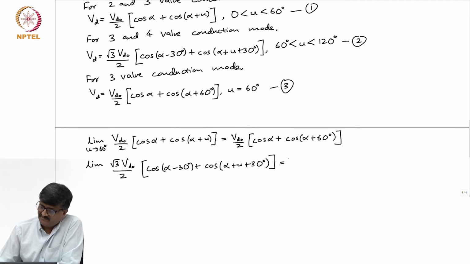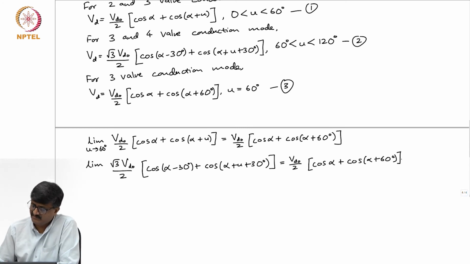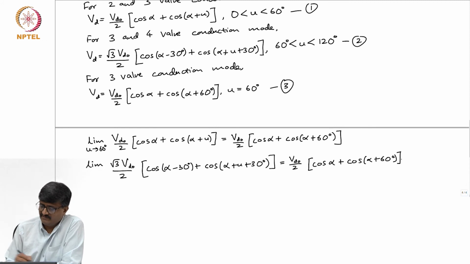So this can be shown to be equal to Vdo by 2 cos alpha plus cos alpha plus 60 degrees. It is not as obvious as the previous case, but it's not difficult to derive. So I'll leave it to you to show that this equation is true. So I get these as equations 4 and 5.